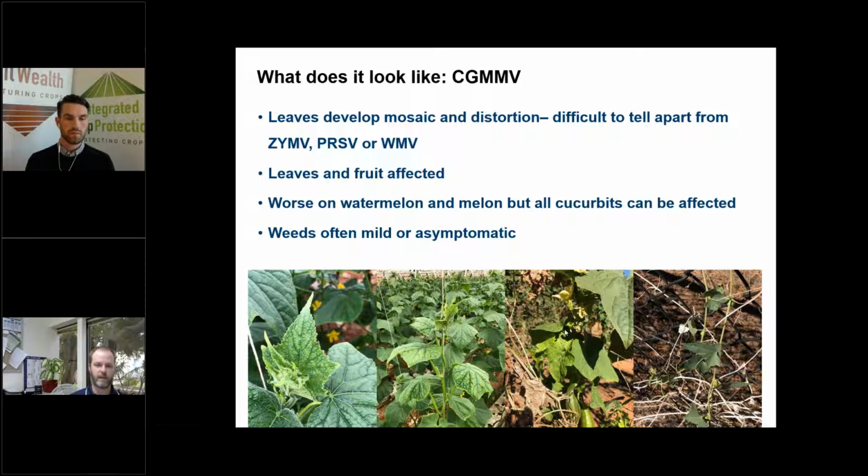And here is that same mukia weed, which was infected and had no symptoms at all. And we also had a loofah, a sort of Asian vegetable, and there's a leaf in the middle here that's just mildly yellow, and that's about all we could see of symptoms. So often these other crops or other weeds can be pretty misleading and overlooked as sources. That's really where it hides out.